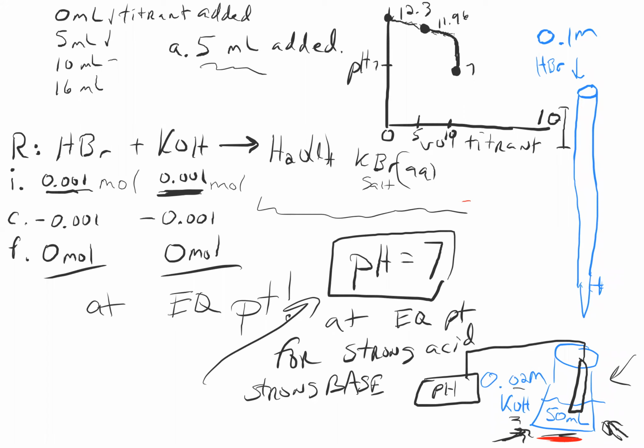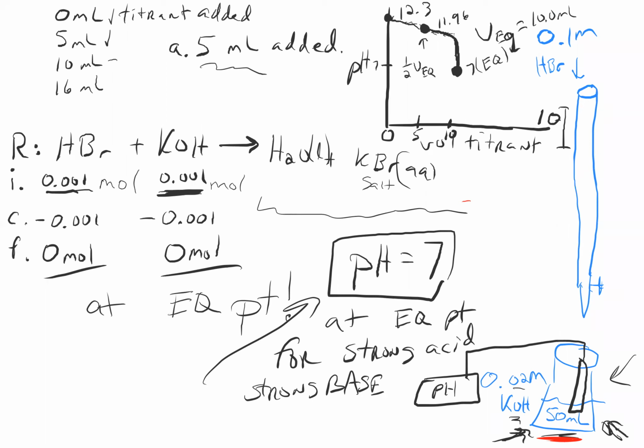And there's my pH 7 point, my equivalence point. I might say then that the equivalence volume is 10 milliliters, VEQ, 10 milliliters, okay? And this point at 5 milliliters is actually 1/2 VEQ, or the halfway point, isn't it?